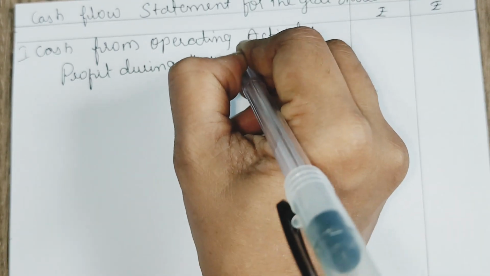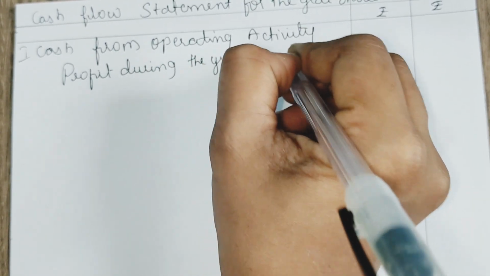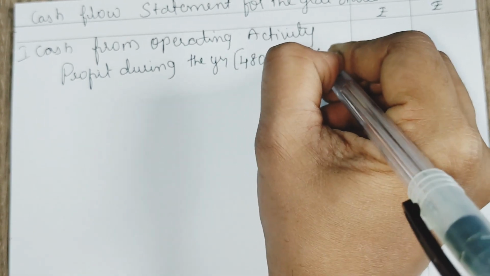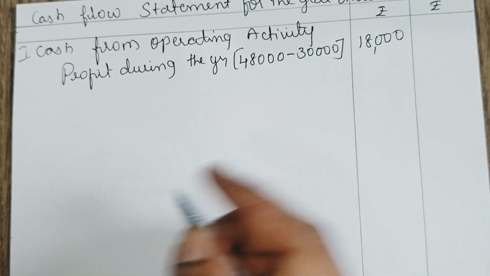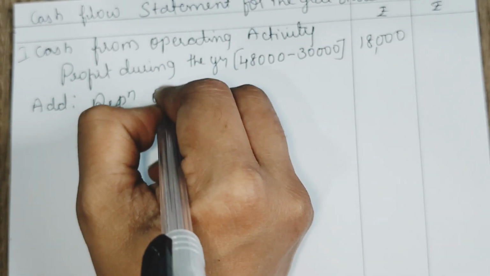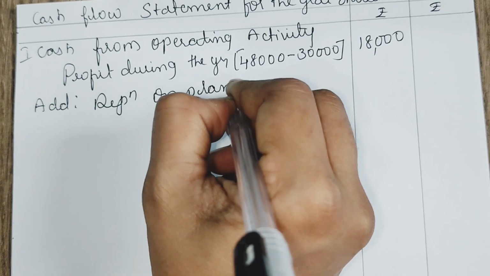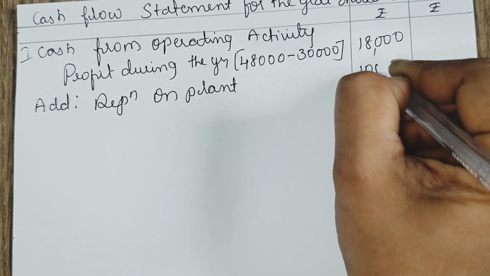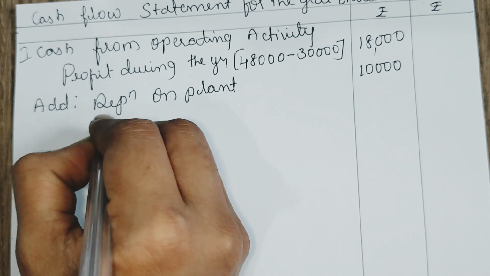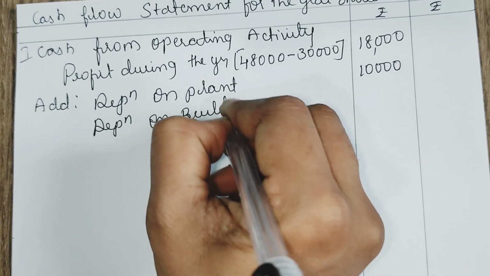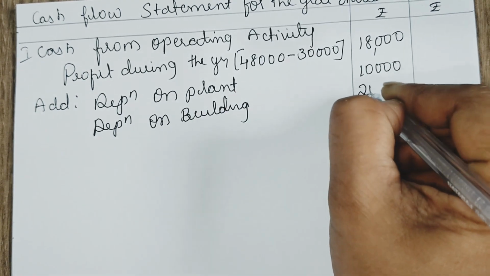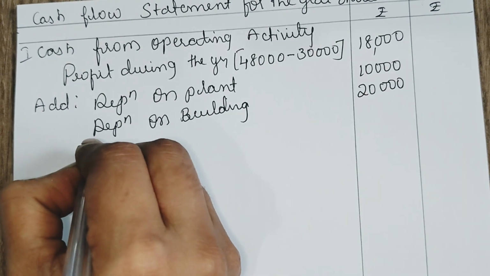What is the difference? 48,000 minus 30,000, 18,000 is the profit during the year. To this we add depreciation on plant. All non-cash expenses we are considering. Depreciation on plant 10,000, depreciation on building 20,000, is given in the adjustment.